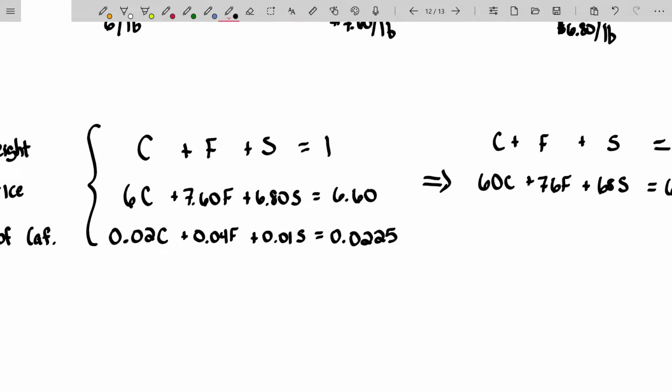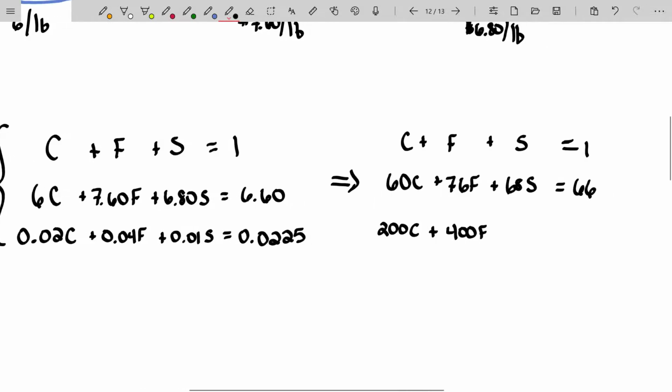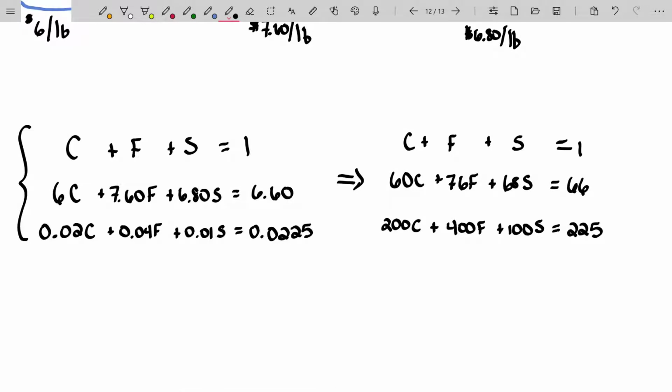So this becomes 200C, I just moved that decimal place over 1, 2, 3, 4 units. 200C plus 400F plus 100S is equal to 225. That's really the cleanest way to do this.